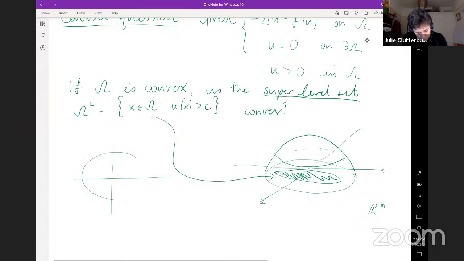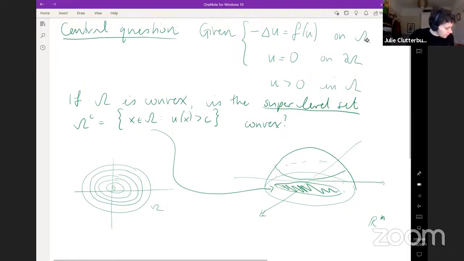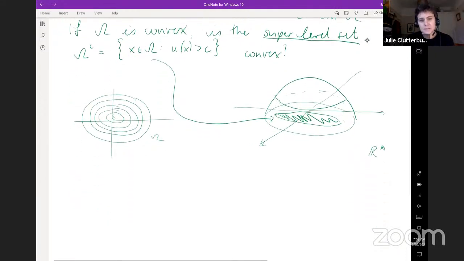So here's some set omega, then the boundaries of all those level sets might be sort of these concentric sets. So the question is, you know, when is this true? And the sort of answer is kind of infuriating, because the answer is this is almost always true.